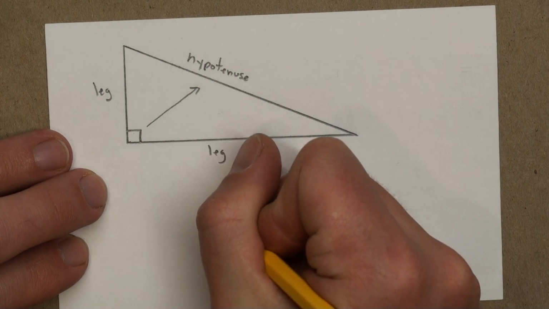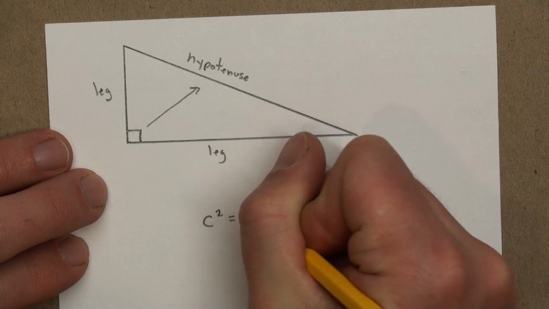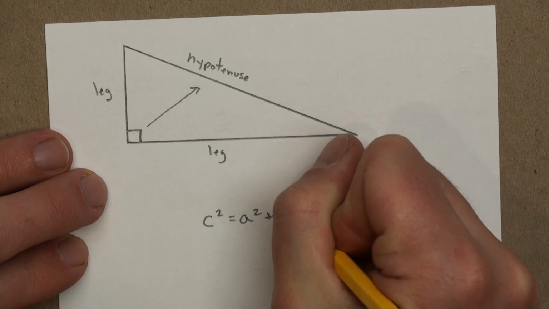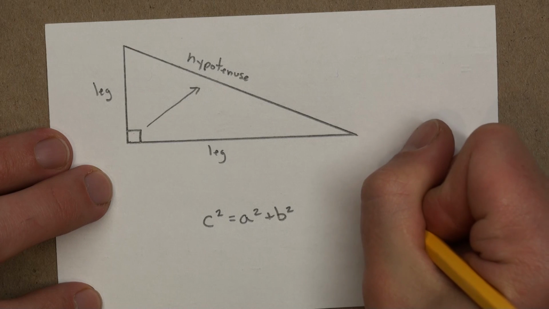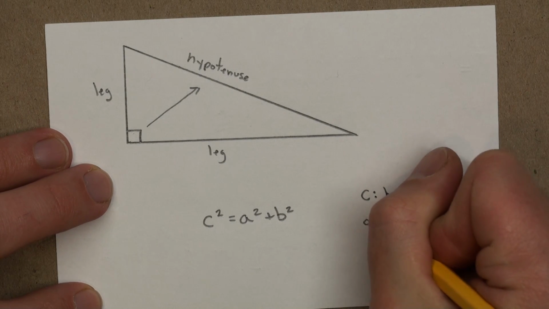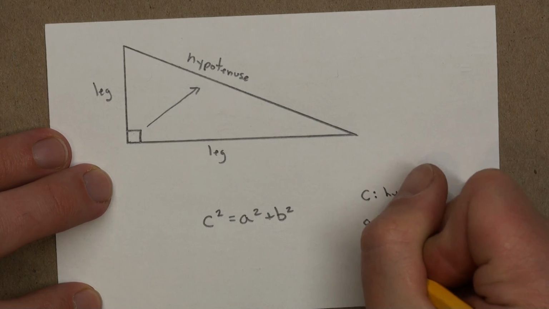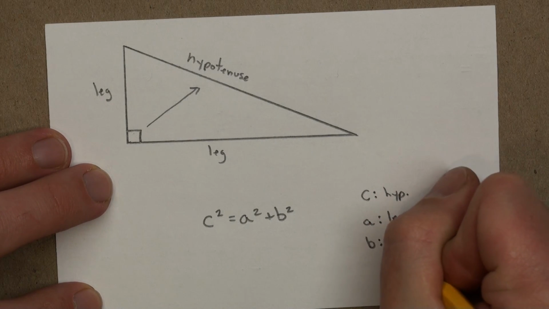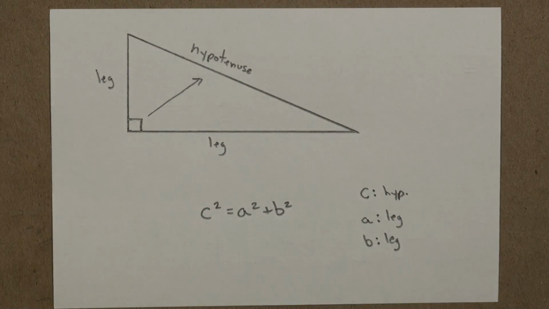And you should know that c squared equals a squared plus b squared, where c is the hypotenuse, a is a leg, and b is a leg. I think that pretty much covers it. Okay?